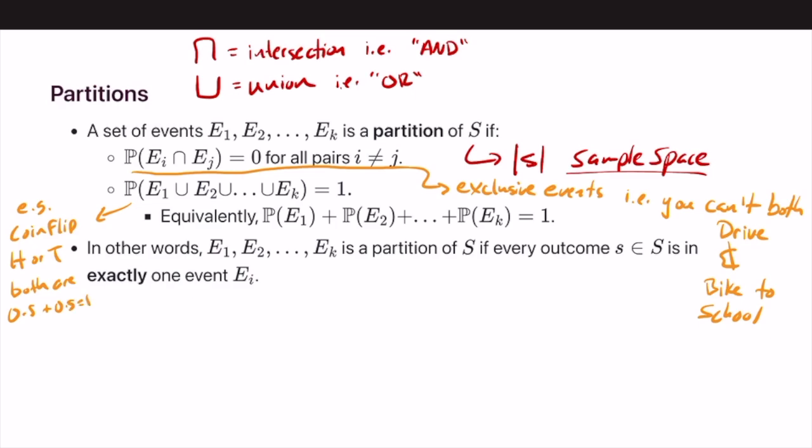An equivalent way to say this is the sum of the probabilities for each individual event E, up to the number of events you have, K, must also equal 1. So union is the same thing as saying plus here.